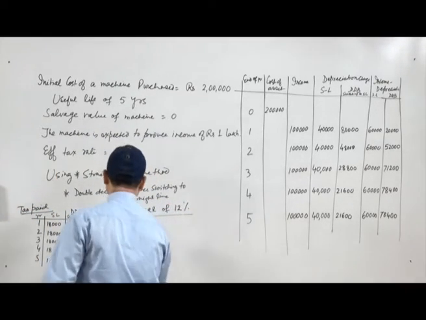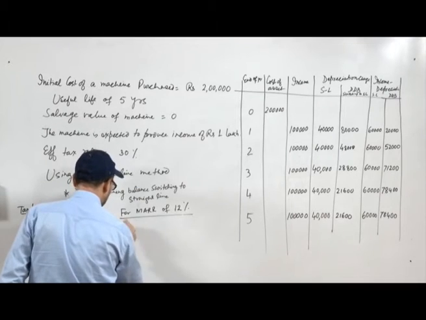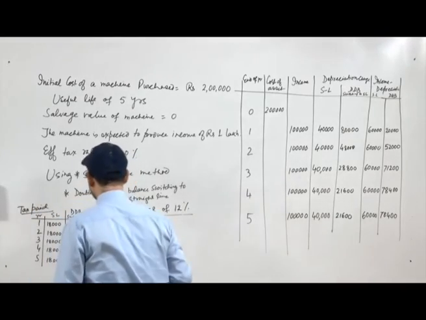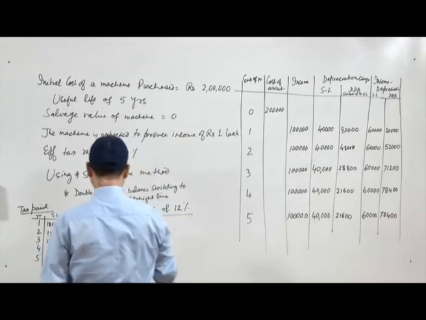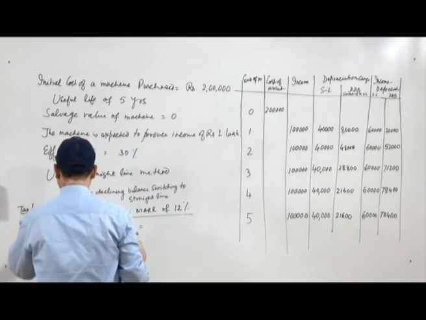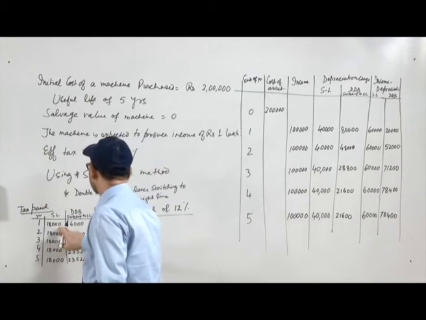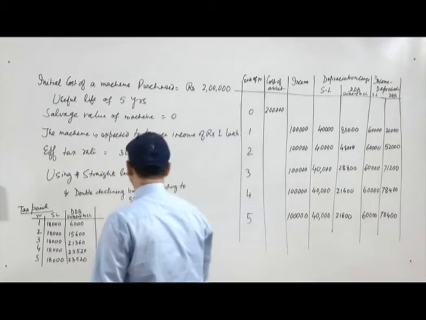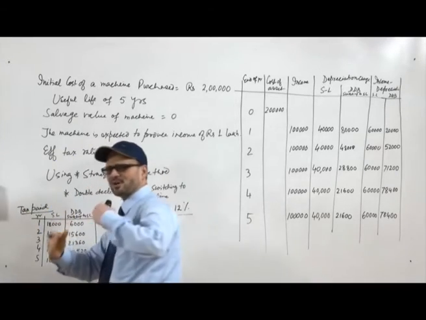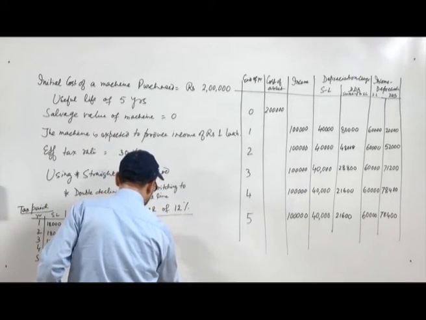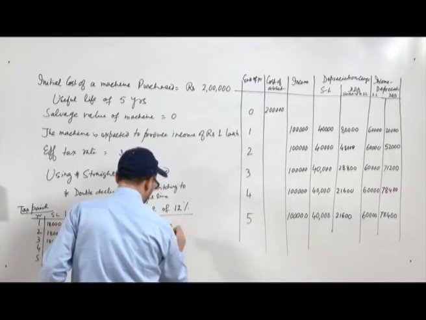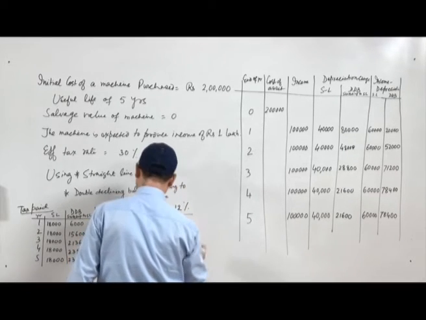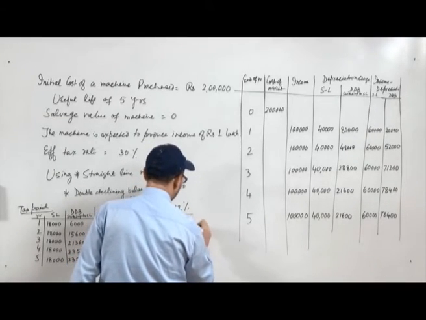So, if you look at present worth using straight line method, it will be basically the 18,000 amount every year you are paying. So, present worth means at 0 time 18,000 multiplied by P by A 12.5.